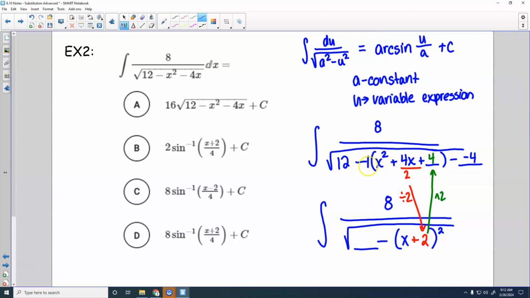Whatever number is out here, which in this case is a negative 1, you've got to multiply that 4 by that negative 1. So that actually becomes a plus 4 because we're subtracting a negative 4. Now, this plus 4 on the end, I can add to the 12 up front, which is actually good because that gives me 16, which is a perfect square.